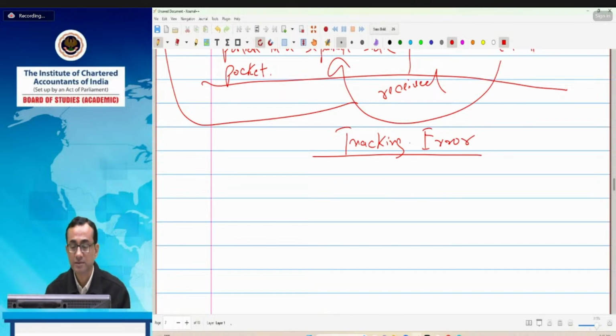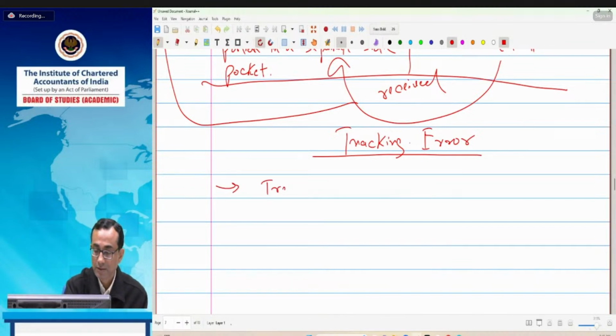Before tracking error, there is another important term, that is tracking difference. What is this?